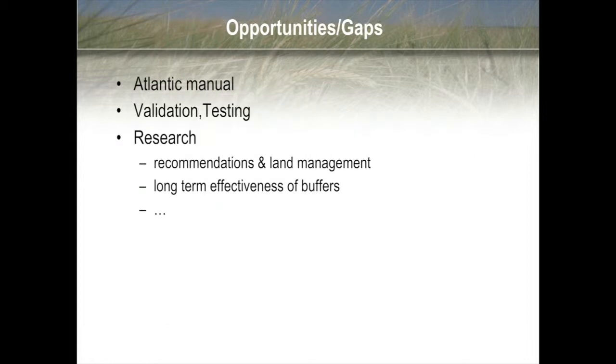Just one last point: we were asked to develop a similar manual for the Atlantic provinces. We thought at first there wouldn't be any need because they have regulations, but they found that something like this with a rational approach would help them grant exclusions to the regulations, as well as show where their regulations maybe aren't effective, where they might need additional buffering.